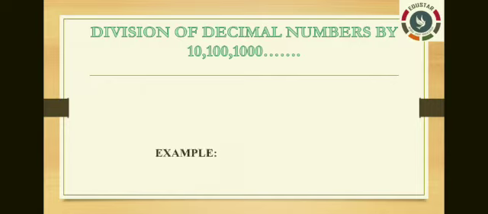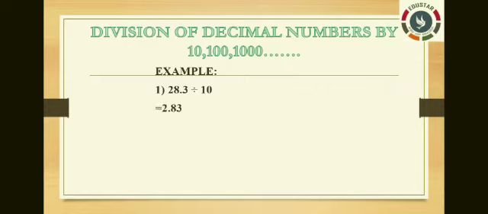Example, first one, 28.3 divided by 10. On dividing a decimal by 10, the decimal point is shifted to the left by one place. Therefore, 2.83. Second example, 28.3 divided by 100.